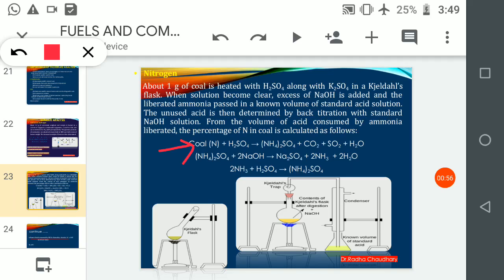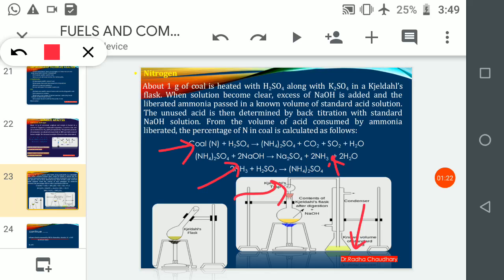Then it is treated with excess NaOH to liberate ammonia, with the formation of sodium sulfate. The ammonia thus produced is distilled over and absorbed in a known volume V1 of the standard H2SO4.